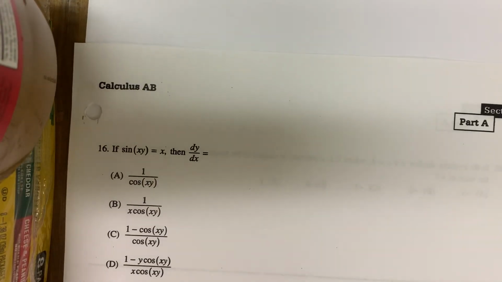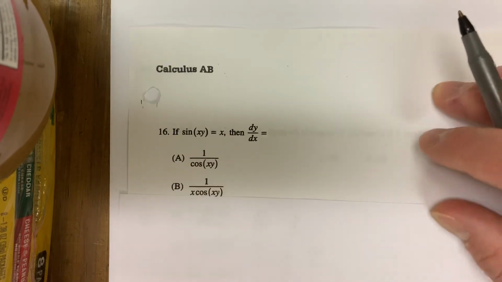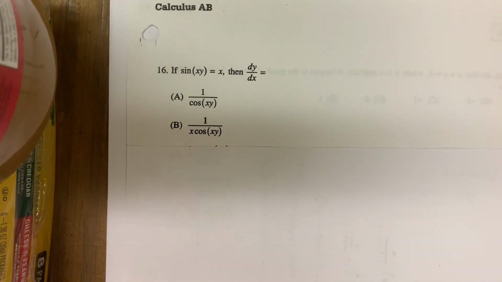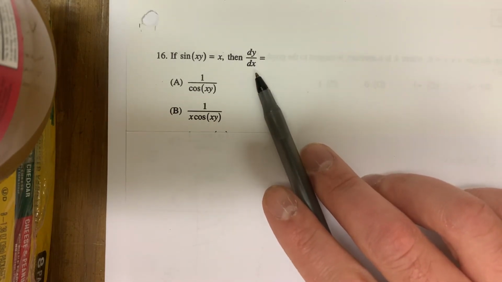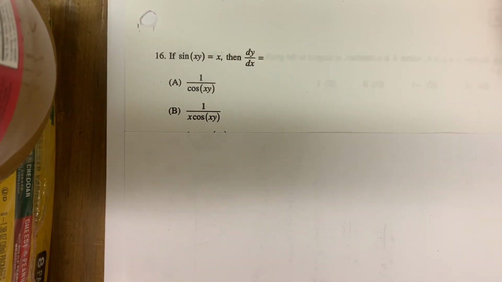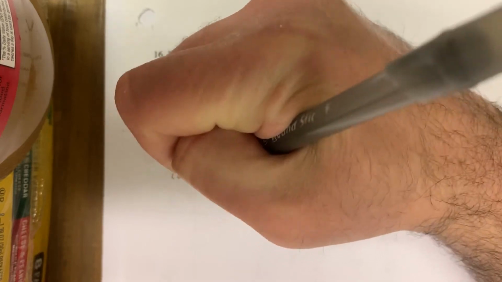Okay, so as far as number 16 is concerned, pretty classic implicit differentiation situation right here. Whenever you see x's and y's frolicking about together, it's an implicit differentiation situation. They want the derivative with respect to x, but there are other variables present, okay? So let's actually take the derivative of both sides. The derivative of sine is going to be cosine. But it's chain rule action here, okay?